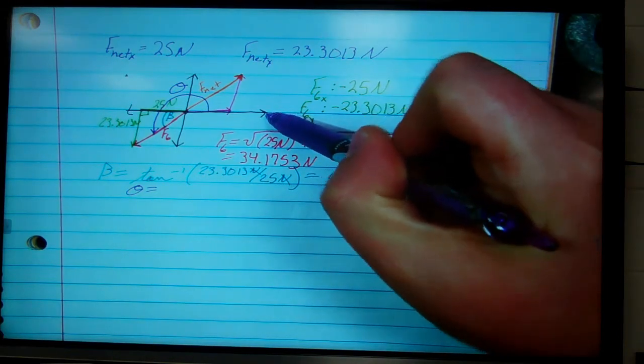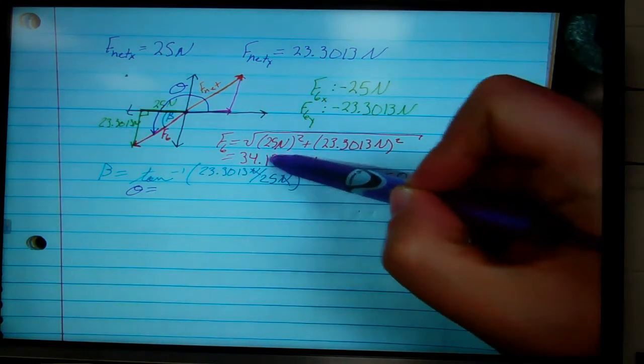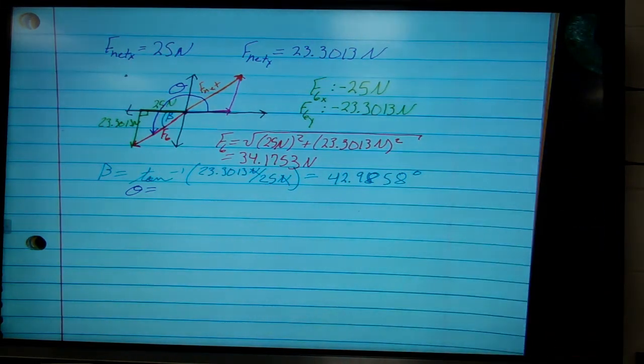Whenever I tell you to apply a force of 34.1753 newtons, that gives you magnitude, but you need direction. The angle gives you the direction. So wouldn't that be 180 plus the 42.58?